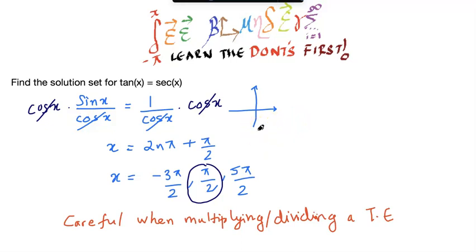So you just want to make sure you're not multiplying both sides of an equation by 0. So that is the important lesson learned from this very innocent looking problem.